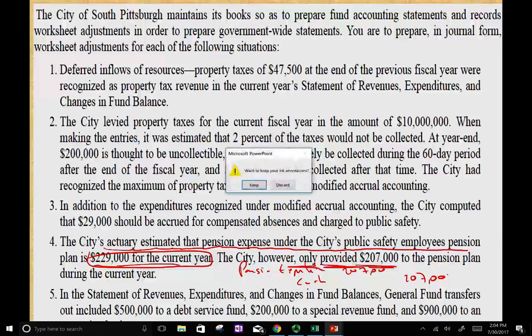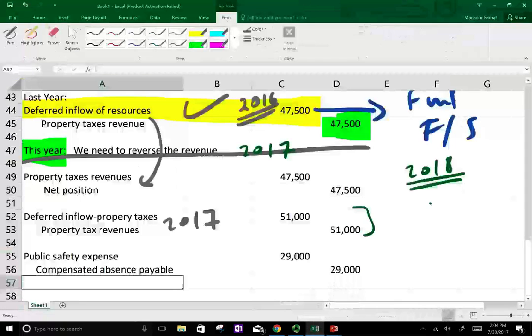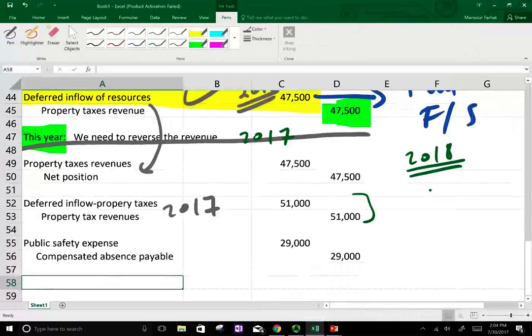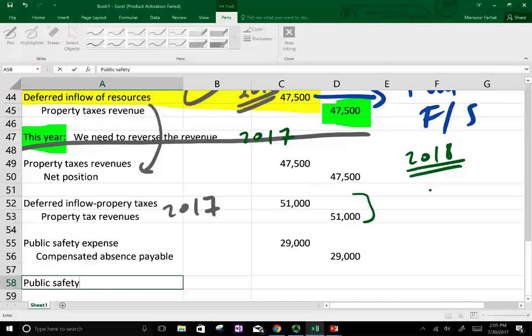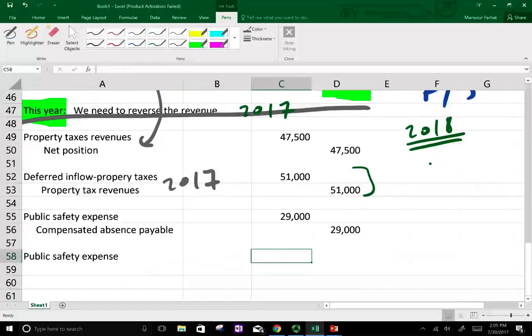Therefore, we're gonna debit. We're missing $22,000 in pension expense. So we're gonna also charge it to public safety expense, and that's gonna be $22,000, which is $229,000 minus $207,000 that was already recognized.